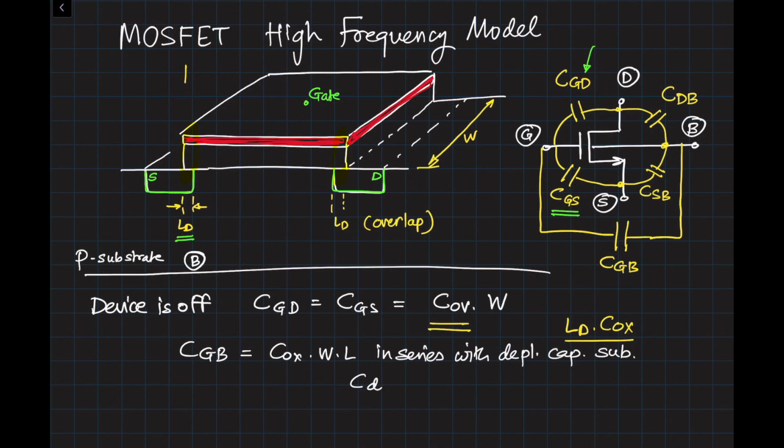And that C depletion is given by W times L and the square root of q epsilon Si N sub divided by 4 phi F. You don't have to remember these, but you should know that that's what is going on.